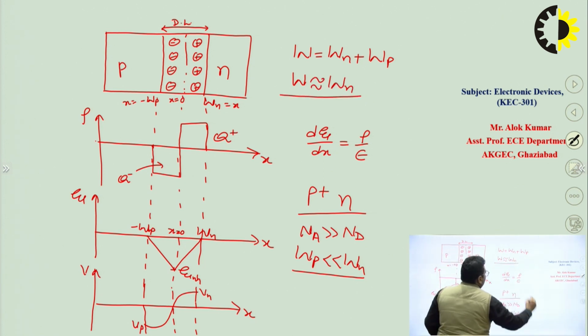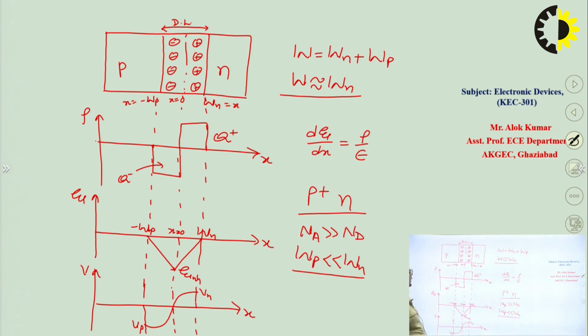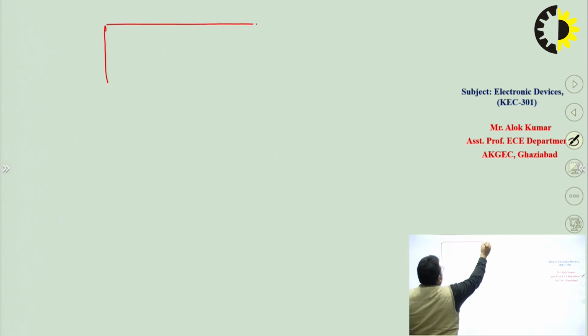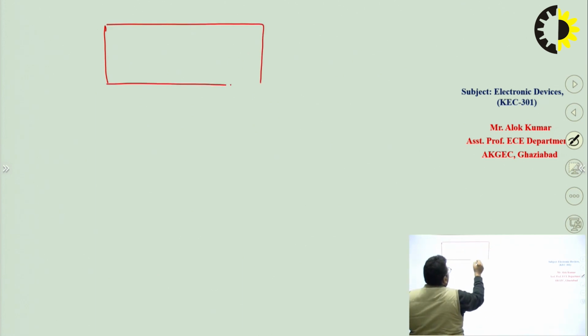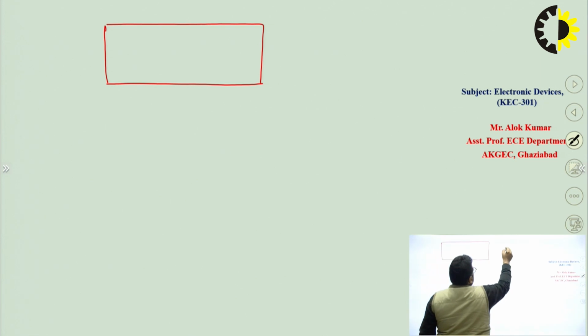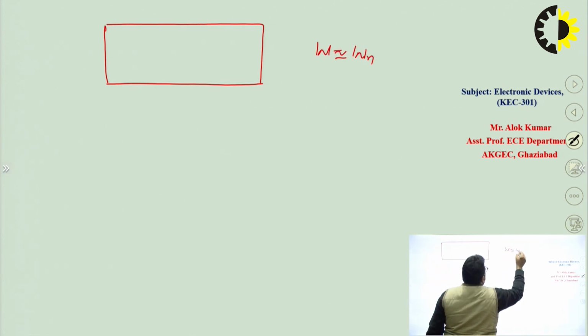With this approximation, we can redraw these diagrams. The assumption is W is approximately equal to Wn.